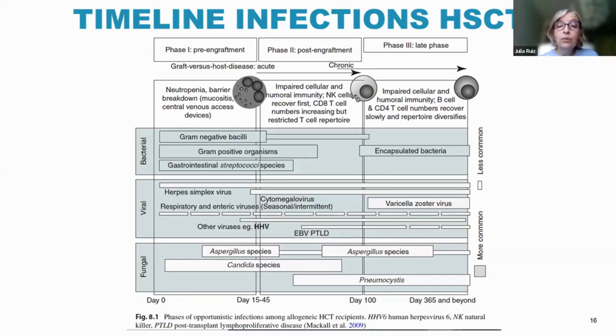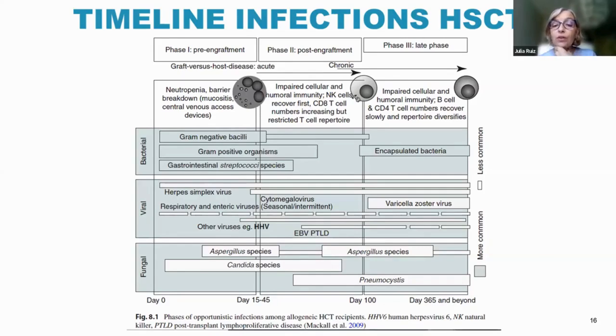So we are still at risk for bacterial infections, viral infections, and fungal infections. And as you see in the slide, when the color is blue, and you have a bigger box, you have more risk for these types of infection, right?